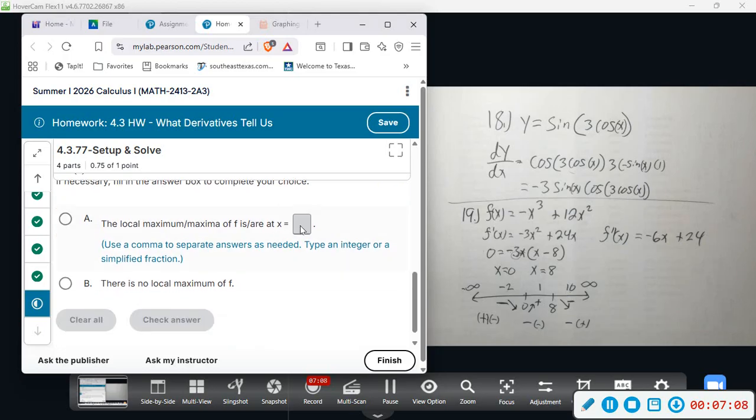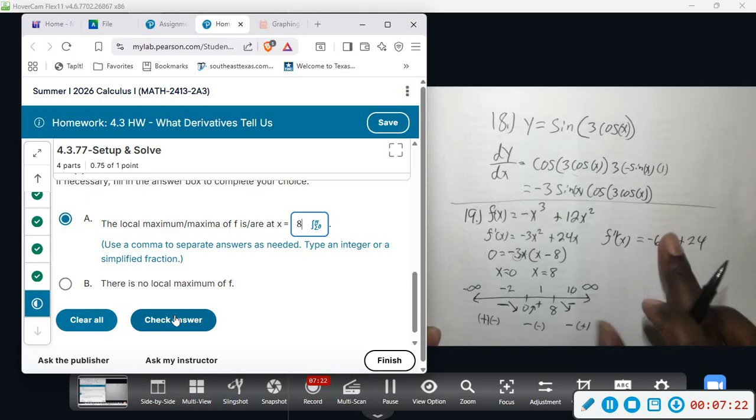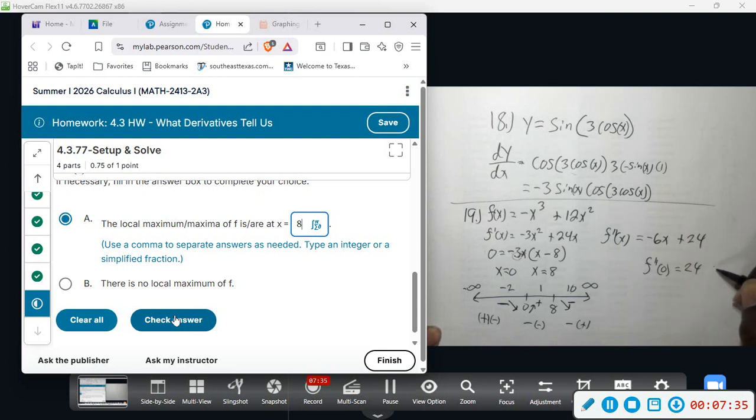Now I didn't do the second derivative test. I do remember it saying that. What we would do is find the second derivative, and we can just plug in these numbers 0 and 8. So when I find second derivative, if I plug in a 0, this goes away and I get 24. Second derivative will just tell you that immediately. If I do second derivative of 0 and I get 24, that's positive, greater than 0.